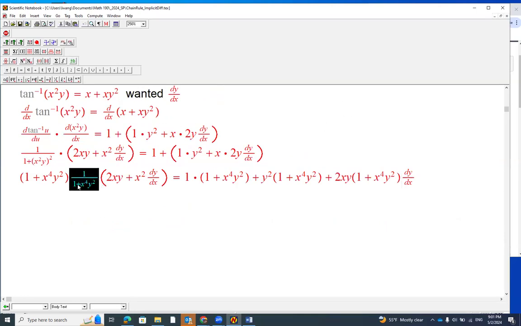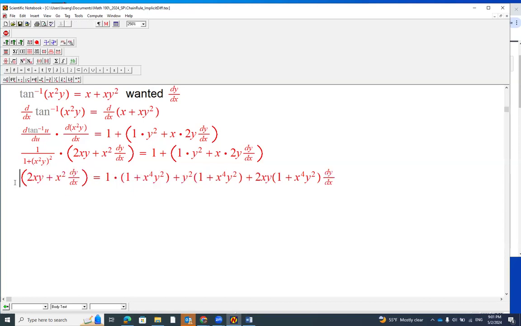That way we can get rid of this part with the denominator. And at this time, this is 1 times that, and we can remove it. So this is removing the parentheses. And here we got y squared times that over that.